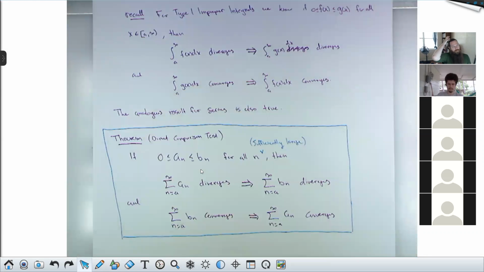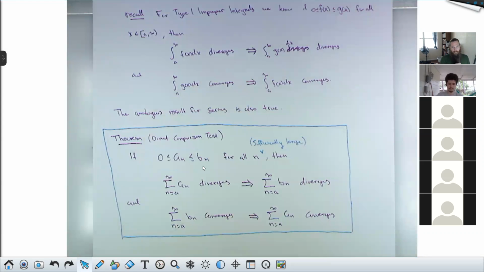That inequality doesn't need to always be true. It just needs to be true eventually. What I mean by eventually is, as n gets bigger and bigger, if this inequality isn't true for n equals 0, 1, 2, 3, 4, 5, that's okay, as long as it is true from 6 to infinity.